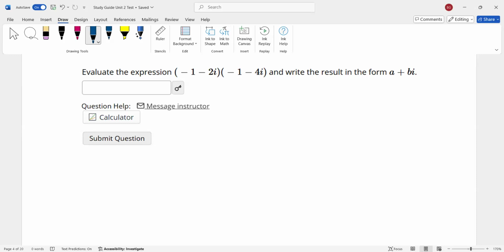Whatever method you prefer, and then write an answer in the format a plus bi in the standard form. We have a multiplication of two complex numbers, -1 minus 2i times -1 minus 4i.